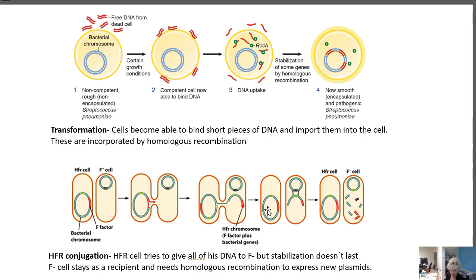Then he replenishes his internal genes, and this is what we have for the female. But in transformation, we have to use the free DNA from dead cells to bring it all together. So eventually this guy will make what this guy makes.